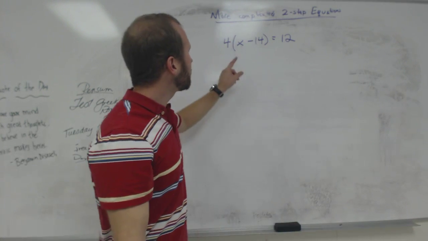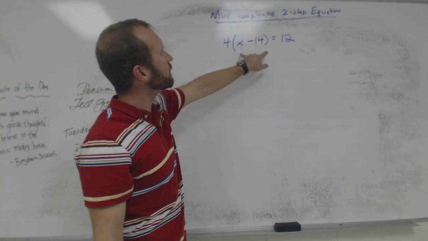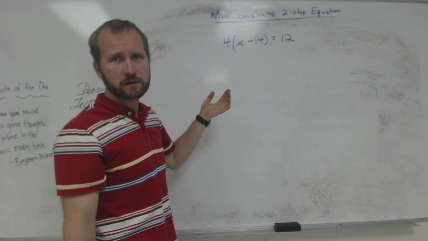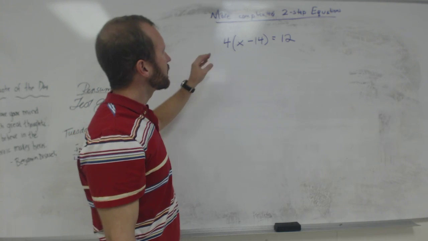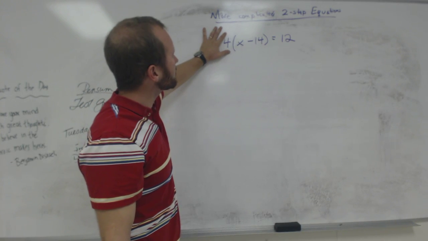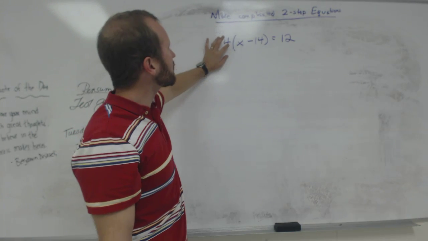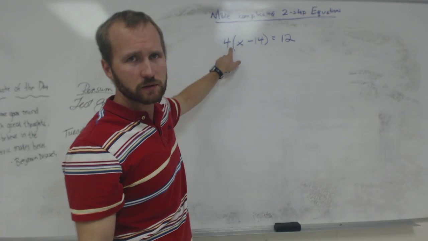Remember what we said? 4 with the parentheses means 4 times all of this. How could I get rid of the parentheses? There's a couple ways. The easiest way would be if I didn't have to multiply anything. So I have 4 times something. What's the opposite of times?